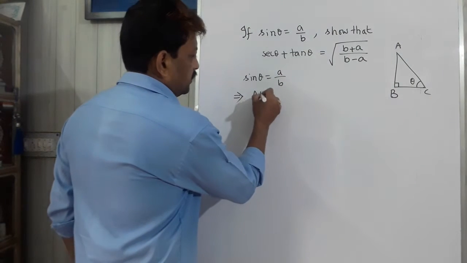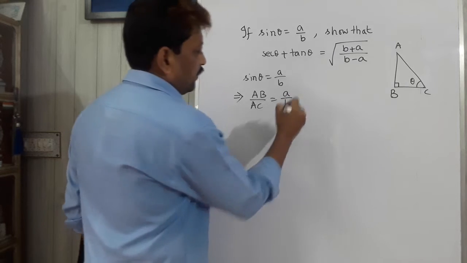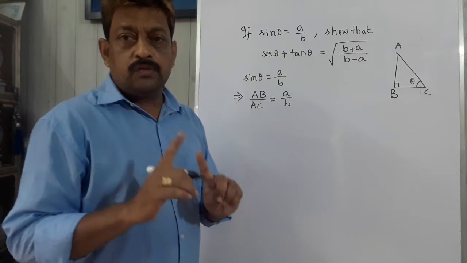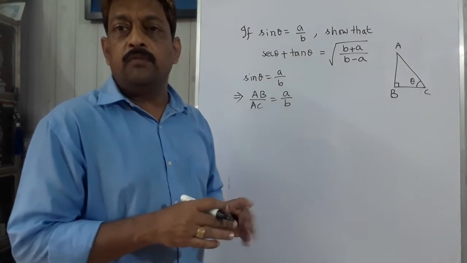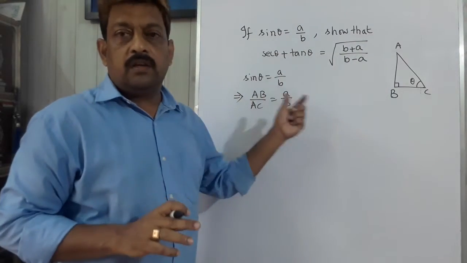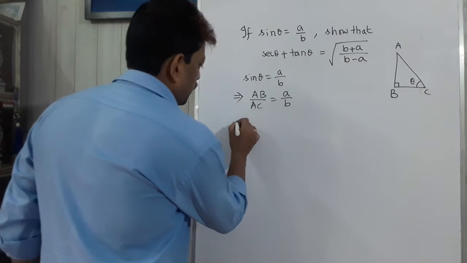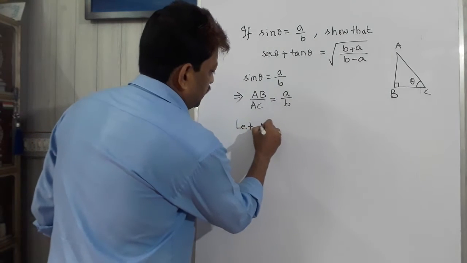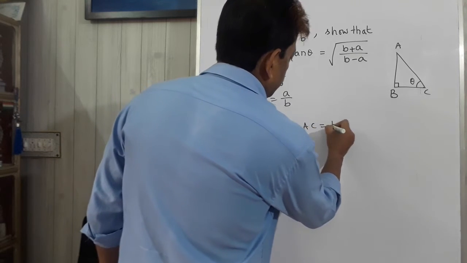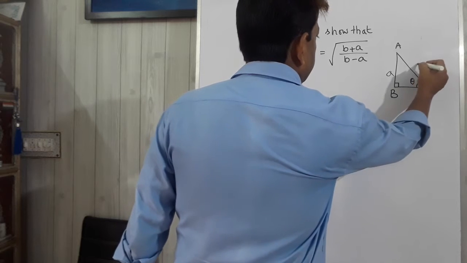So AB upon AC is equal to a upon b. Now a and b are unknown quantities, so no need to multiply them with any constant. Let AB equal a and AC equal b.